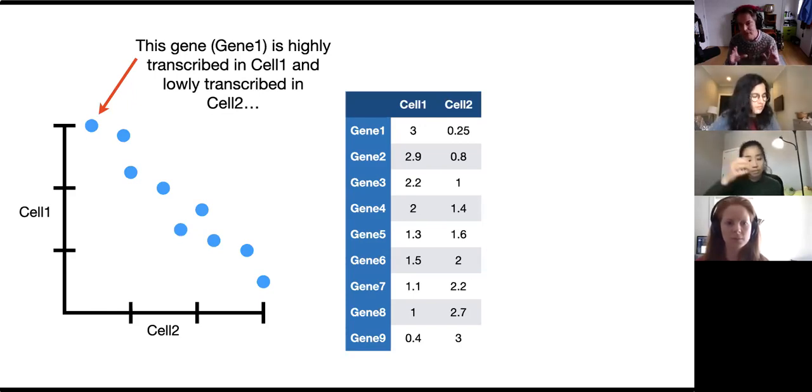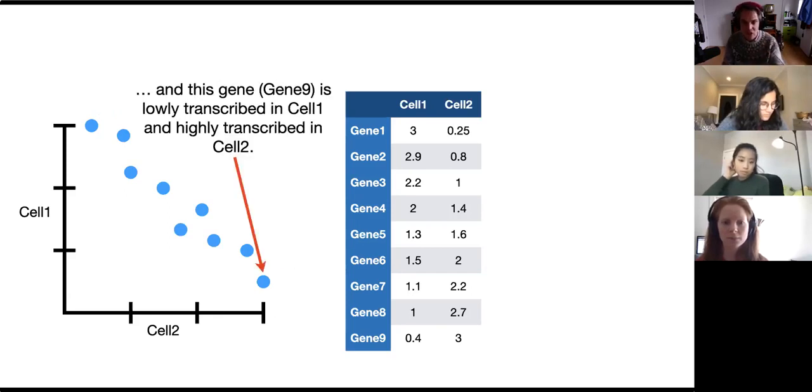So notice this graph is different than what we had before, where the genes were the axes. Now we're plotting all the genes on axes that are for the cells. So that's one difference in perspective when we're talking about correlations and doing PCA versus SVD, or singular value decomposition. That's the primary difference. Okay, and this gene, gene 9, is lowly transcribed in cell 1 and highly transcribed in cell 2.